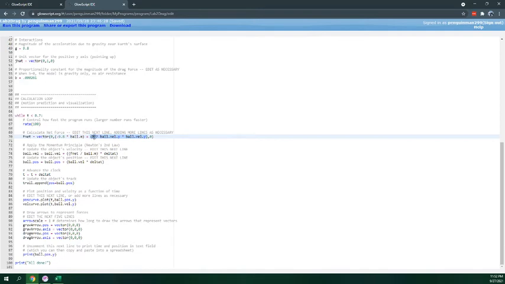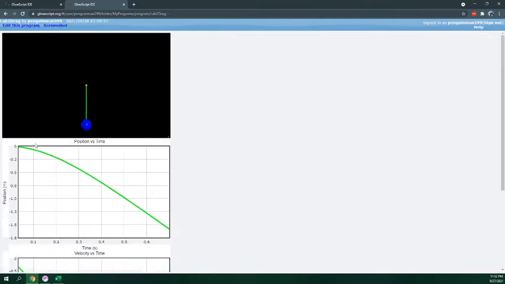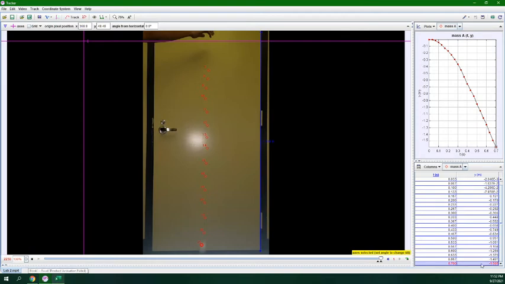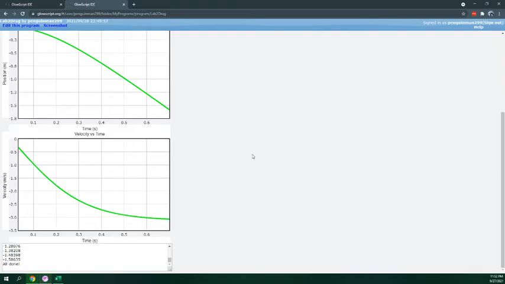So we have the constant times the velocity squared. And so let's run this situation, and we'll see that we end up at negative 1.58. Now, this matches up. And now we have a much better representation of what's going on, a much more accurate to real life representation.